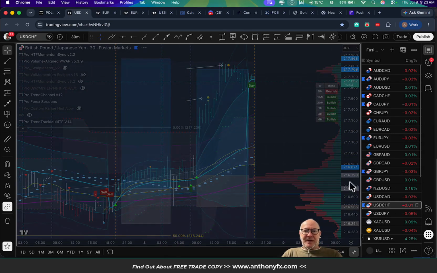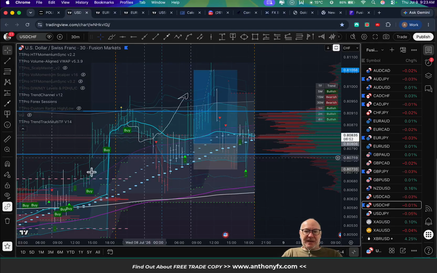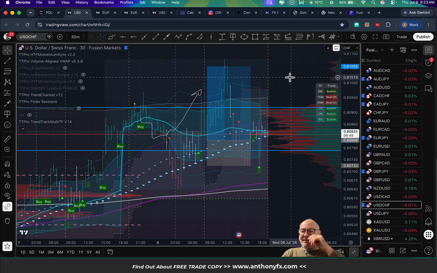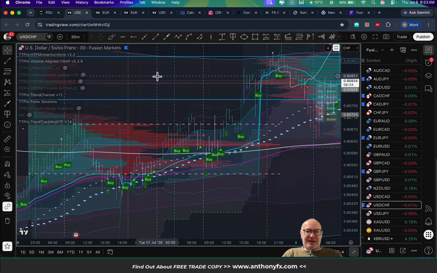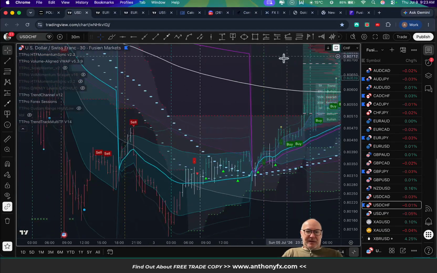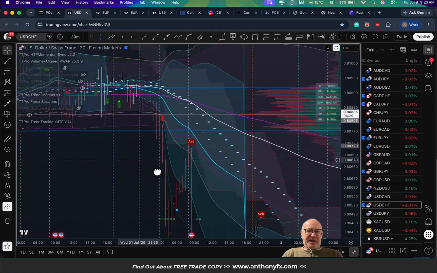And then dollar Swiss. Now, we're not always going to get a bullish day. Sometimes the market will run against us occasionally, and there won't be a signal, so you just don't take the signal. Let's look for an example.